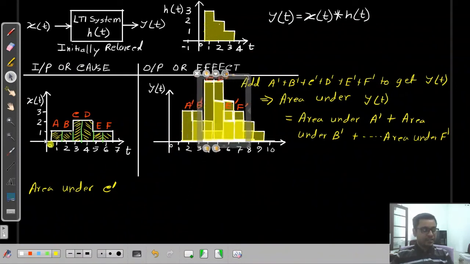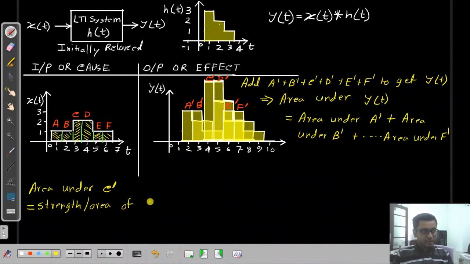So area under C prime can be written as the strength or area of input C multiplied by area under h.